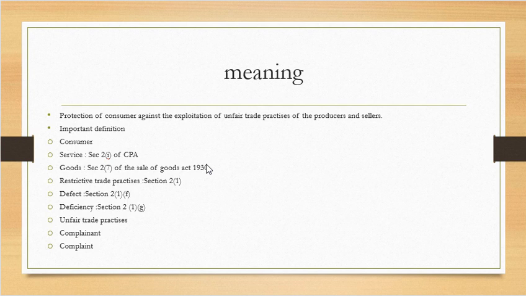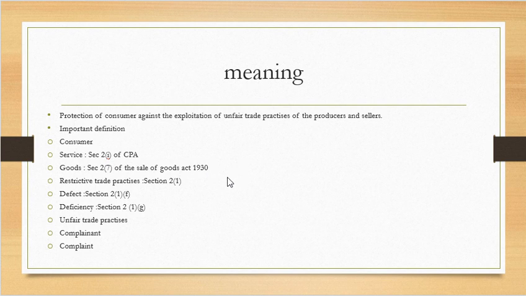So service can mean different kinds of facilities provided in connection with all kinds of service industry, according to the act. The third important definition we're going to look into is goods. What does goods mean according to section 2 subsection 7 of the Sale of Goods Act 1930?